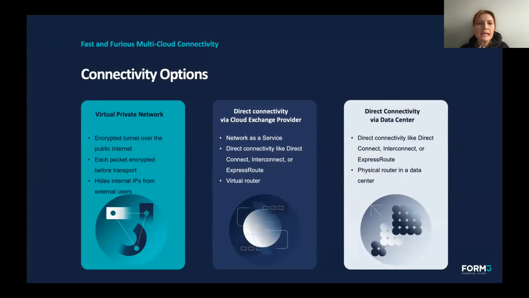So when we discussed connectivity options, we came up with 3 options. The first one was a virtual private network across clouds. The second one was direct connectivity via a cloud exchange provider. And the third one was direct connectivity via a data center.